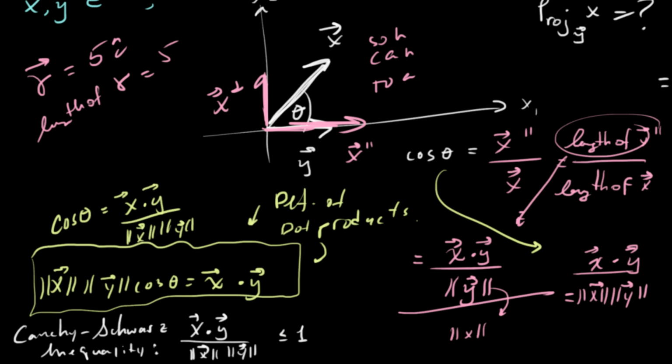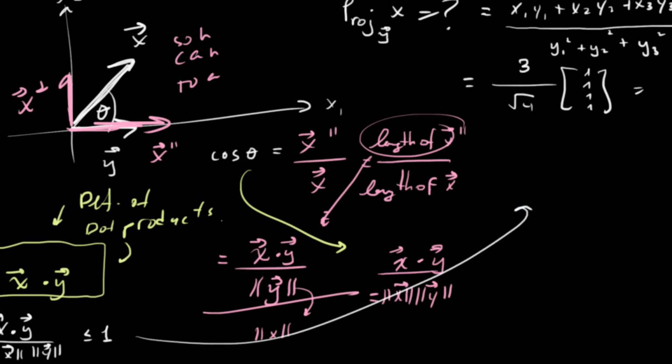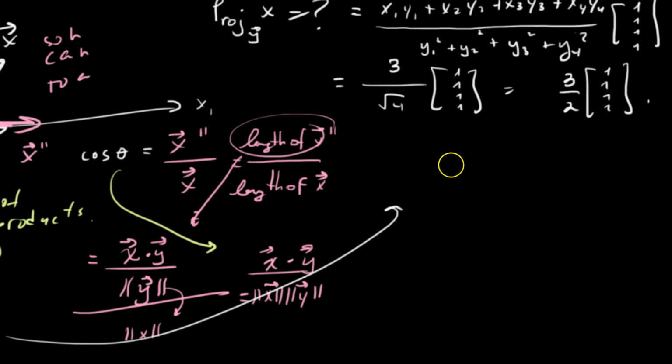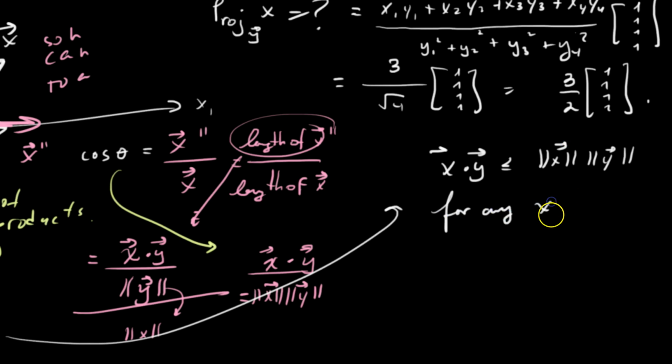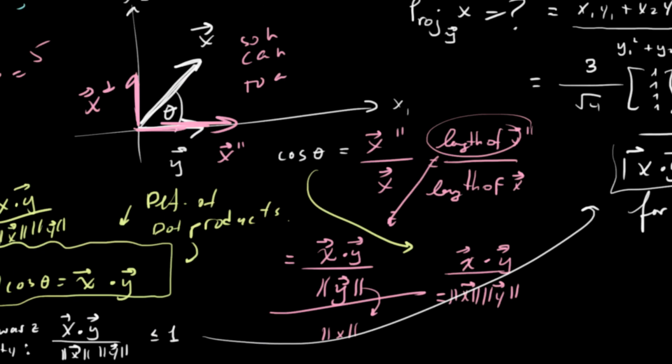And this simplifies to x dot y has to be less than or equal to the magnitude of x times the magnitude of y, for any x and y that are part of Rn. Oh no, not x dot y, the absolute value of x dot y. Yes, it's very important. I'm going to get to that right now.